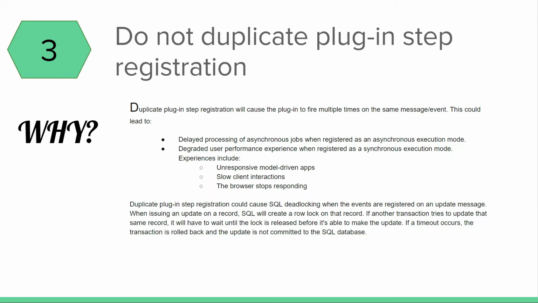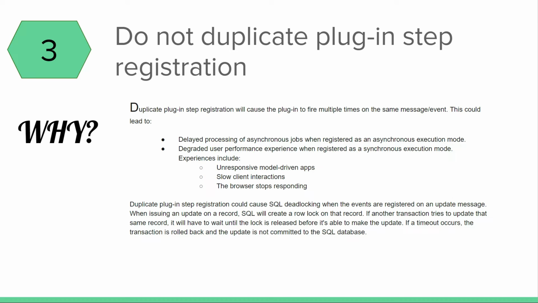And what will users experience if this type of duplicate steps has been registered? The model driven apps will be unresponsive. The model driven app will hang if the plugin is executed multiple times. Slow client interactions, and the browser stops responding.